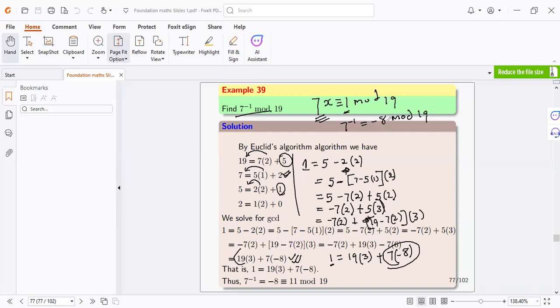But this is a negative number, so we make it positive. We did this one on Thursday. The easiest way is we're just adding this value here plus the value here. If the value here is smaller, we're adding it to 19.